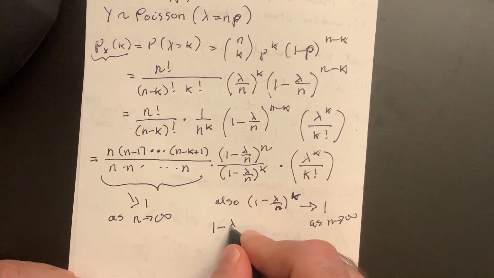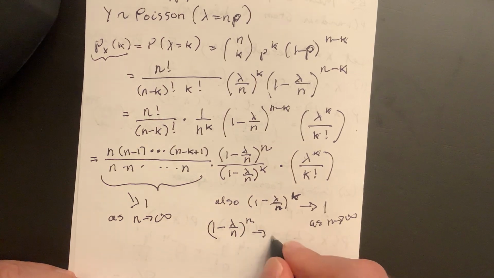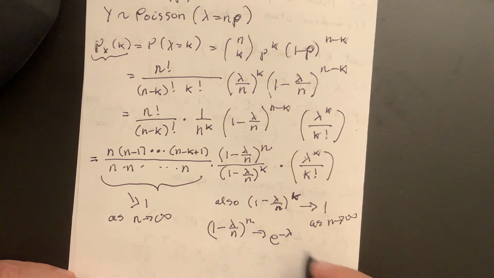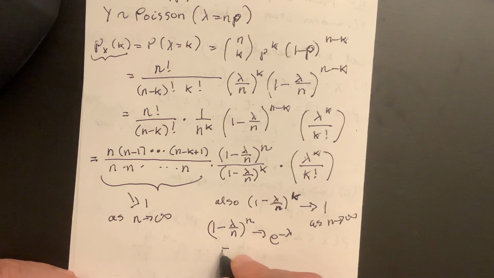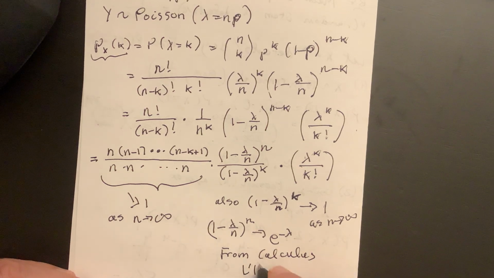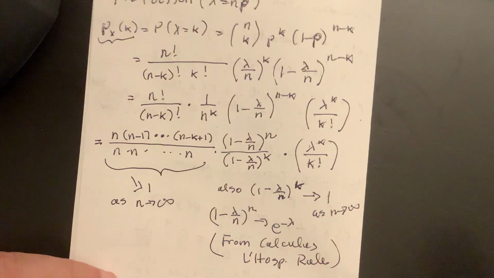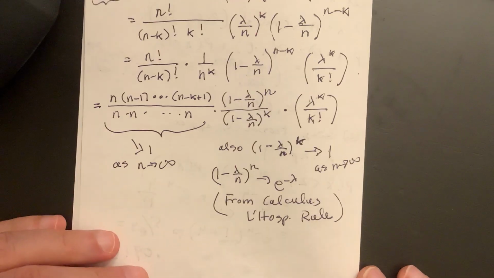Now, also, 1 minus lambda over n to the n goes to e to the minus lambda. This is just a limit from calculus. Use L'Hopital's rule. We'll do it for you. So you can show that goes to e to the minus lambda. So there you have it.